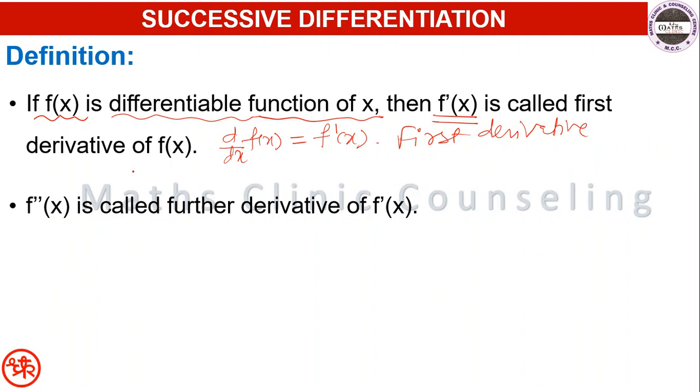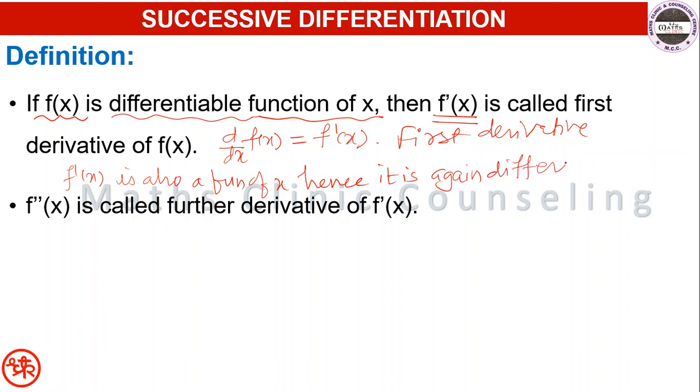Then you see f double dash. Now you know that f dash of x is also a function of x, and hence it is again differentiable with respect to x. Is that clear? And therefore d/dx of f dash of x is equal to f double dash of x.